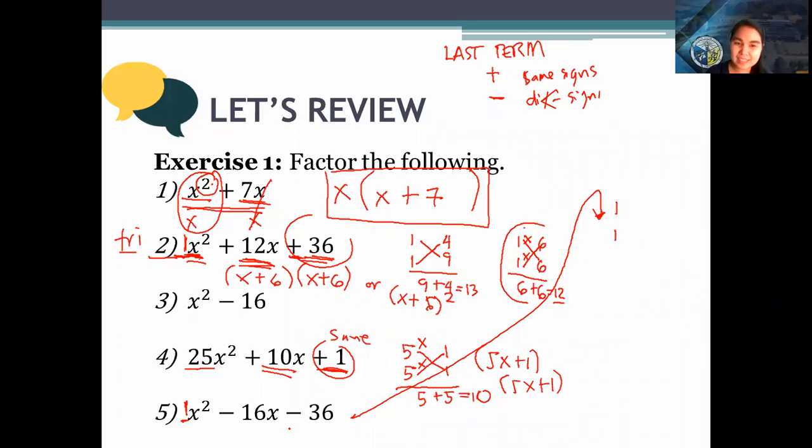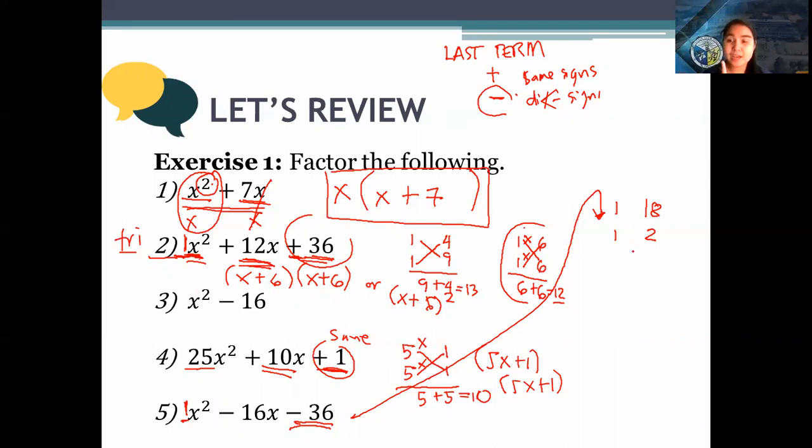Next, negative 36. So it means negative for the last term. They have different signs. What are the factors of 36? 18 and 2. But they must be in different signs.